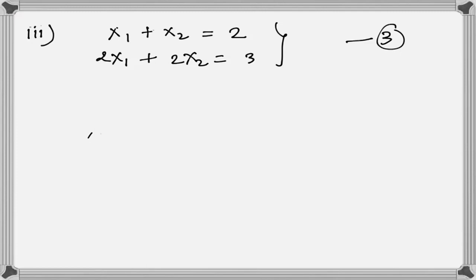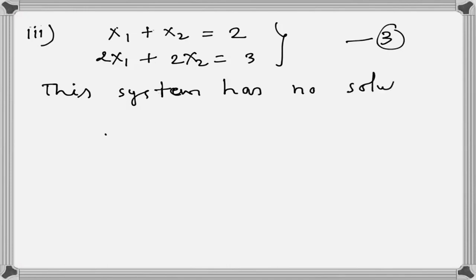It's very clear, because if x1 + x2 is 2, then 2x1 + 2x2 will be 4, not 3. So this system has no solution. Okay, so we have seen examples where the system has a unique solution, infinite solutions, and no solution.